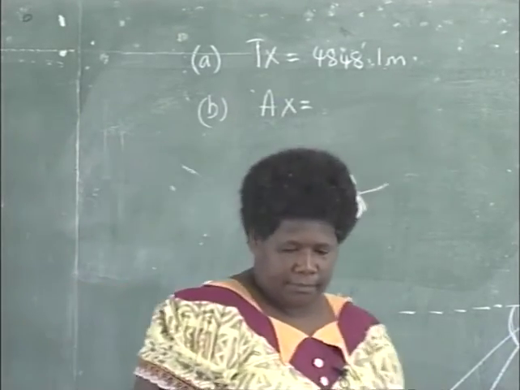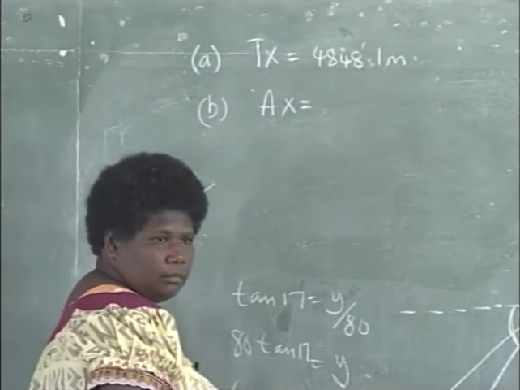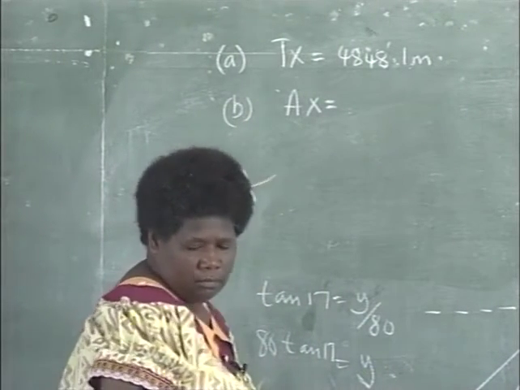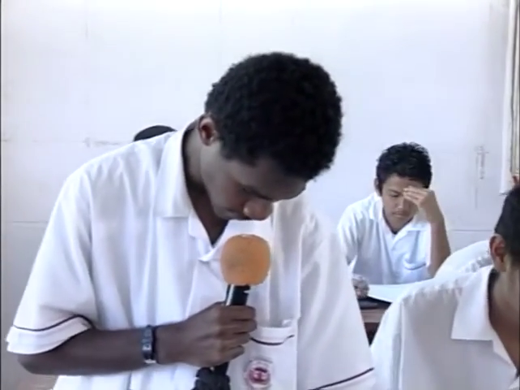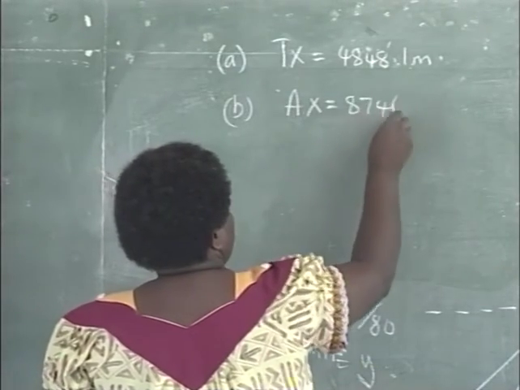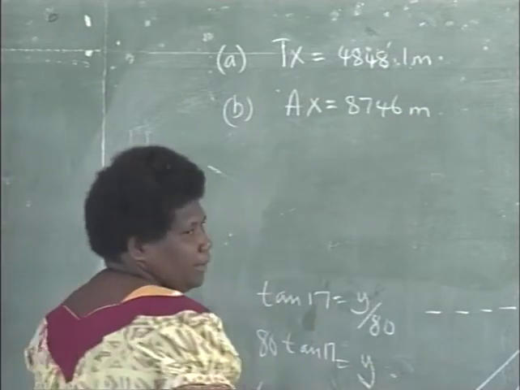AX. George. 8,746 meters. Is that to the nearest whole number? Yeah.